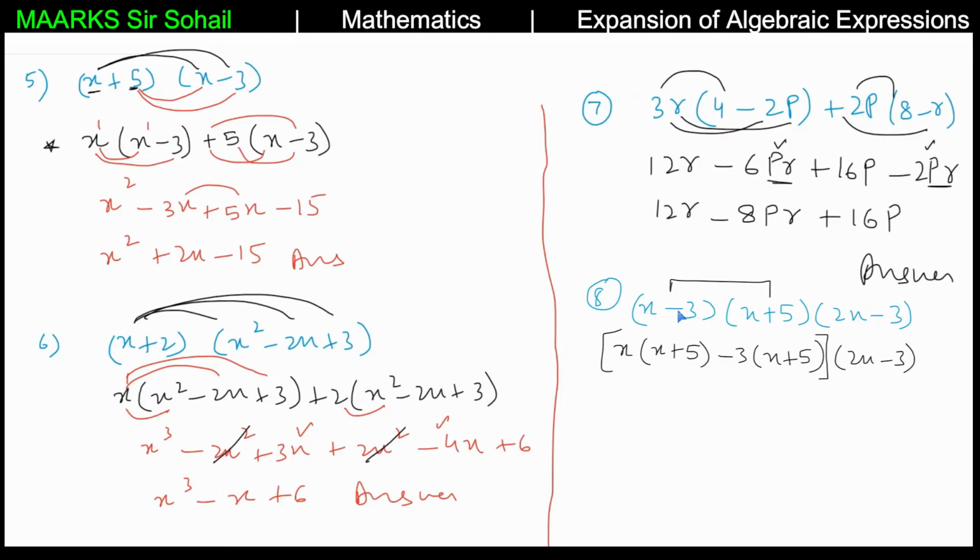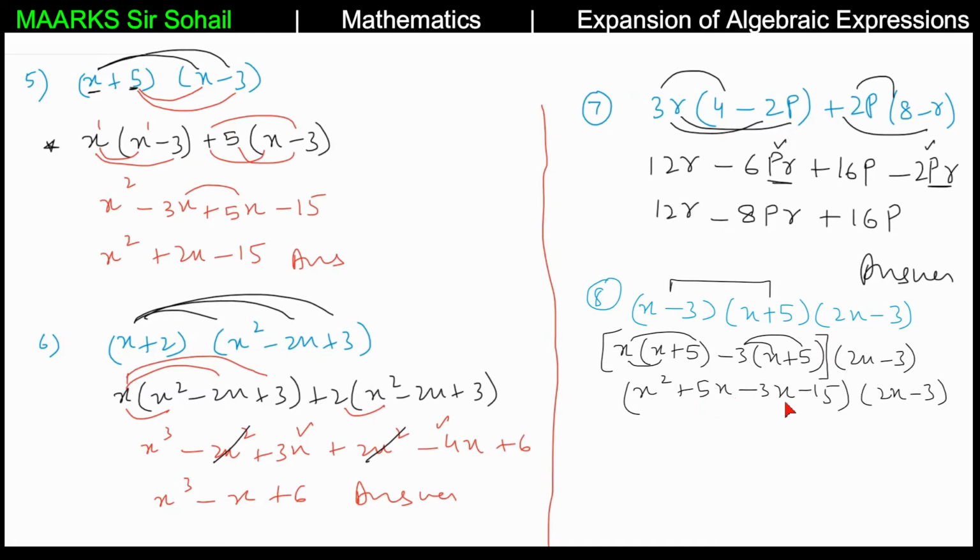first. So x multiplied by x gives us x square and x multiplied by 5 gives us 5x. Then minus 3 into x is minus 3x and minus 3 into 5 gives us minus 15 and bracket close. Third bracket will go on as it is. Now we will first simplify this.